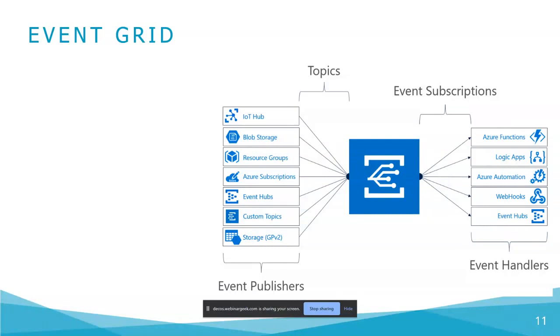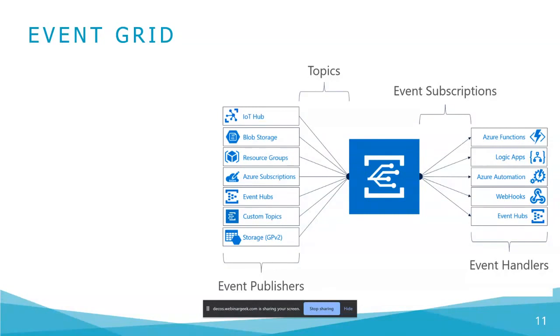For example, you can subscribe to blob storage events to notify your on-premises or cloud application when a file is uploaded. Event Grid was built reliably to handle massive scale. So you get the benefits of publishing and subscribing to messages without the overhead of setting up the necessary infrastructure.